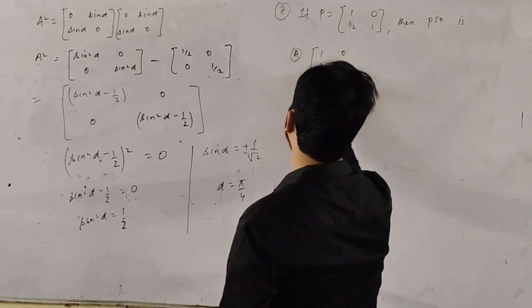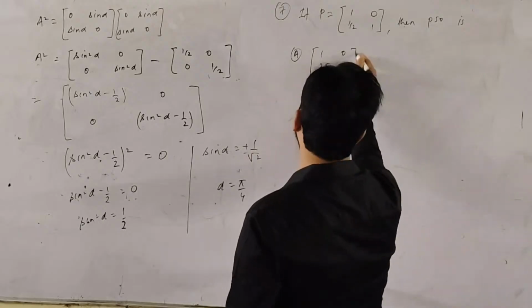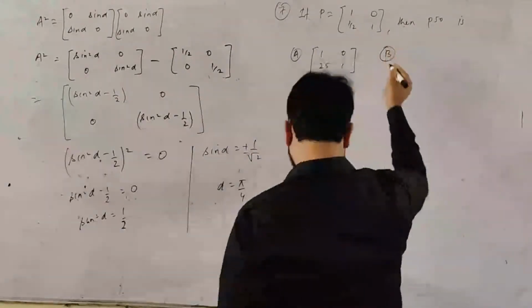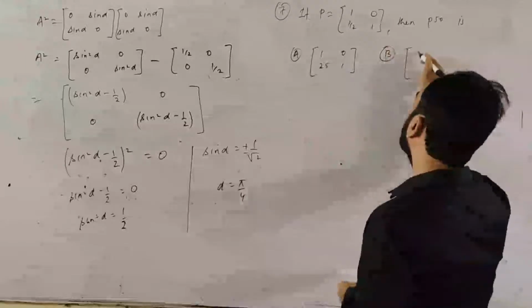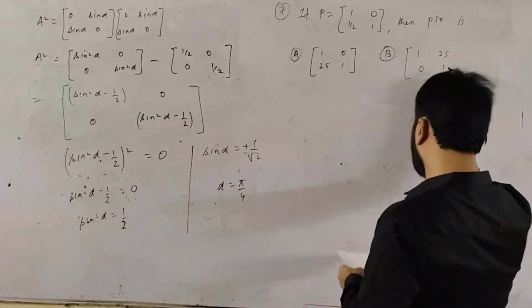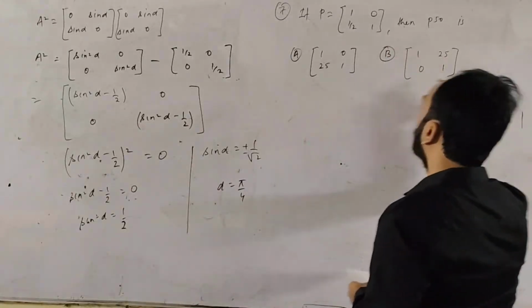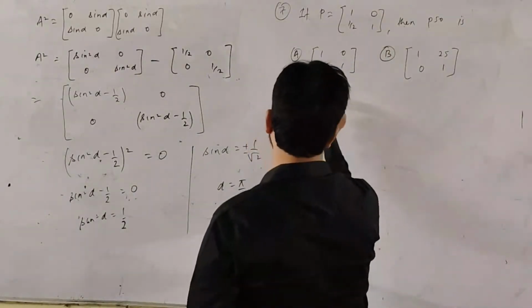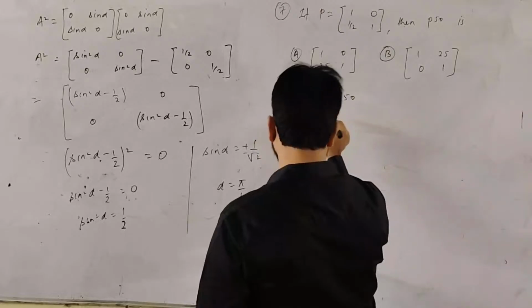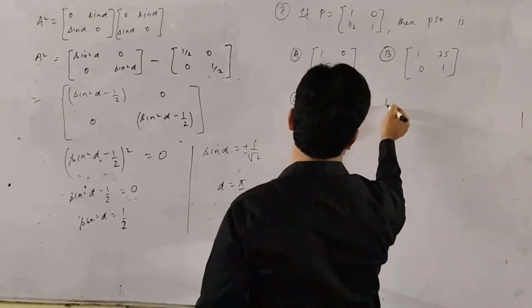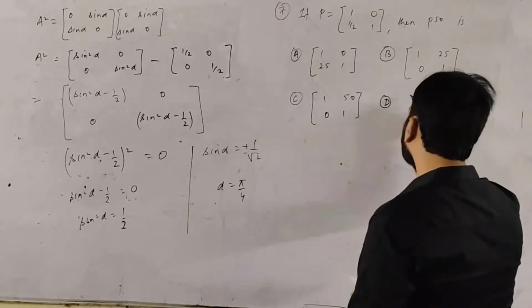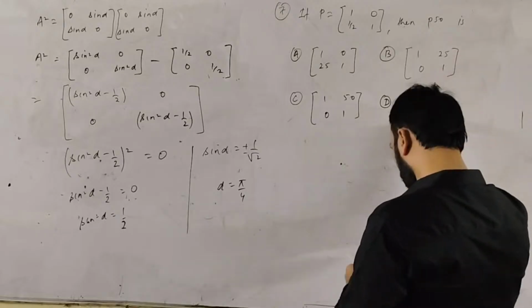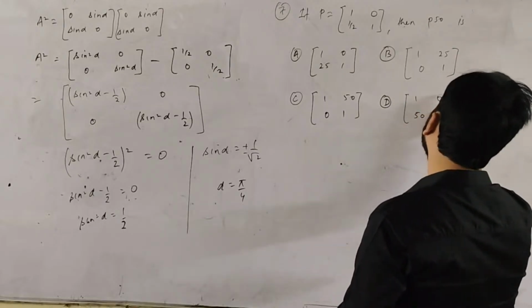Option A is [[1, 0], [25, 1]]. B option is [[1, 25], [0, 1]]. Option C is [[1, 50], [0, 1]], and D option is [[1, 0], [50, 1]].